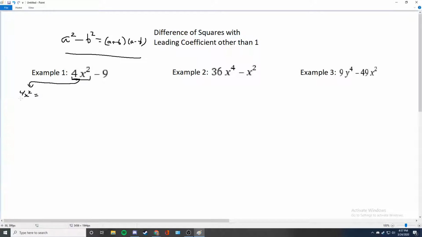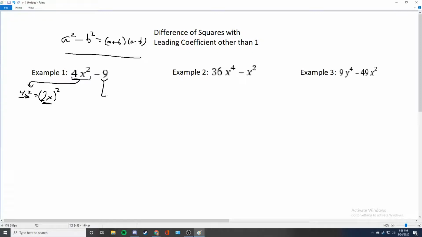So to figure out the square root, first we can look at this number in the front. The square root of 4 is 2, and the square root of x squared is just x. So this 2x will be our term that we want to use for the general form of the factorization.